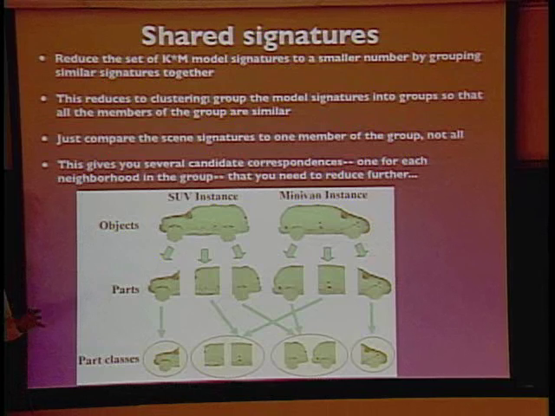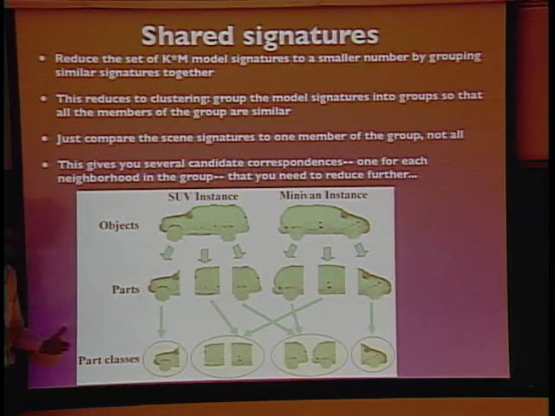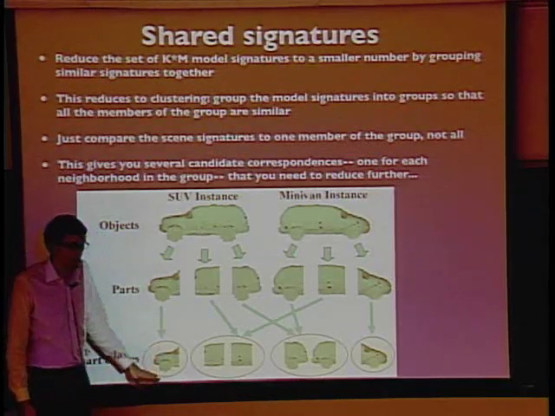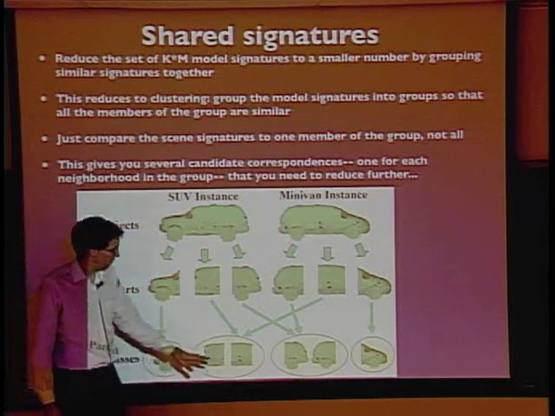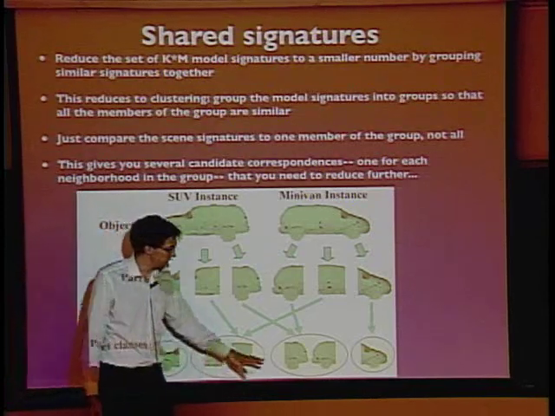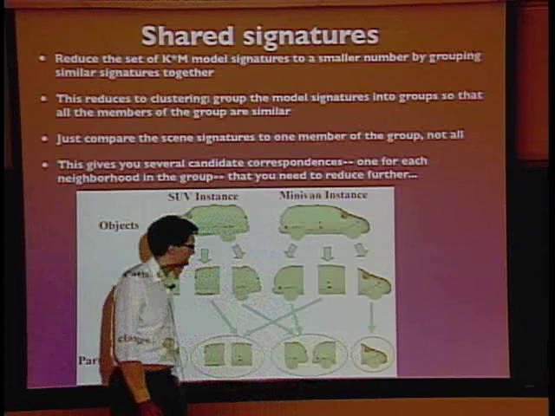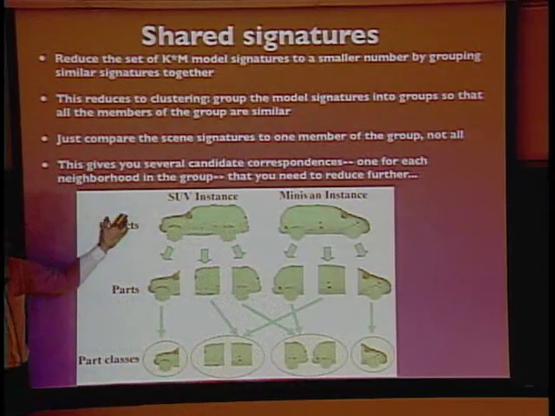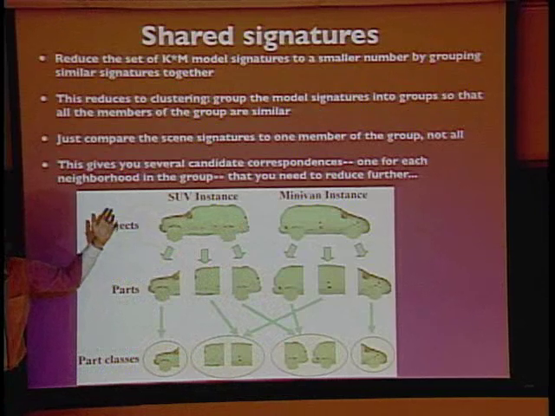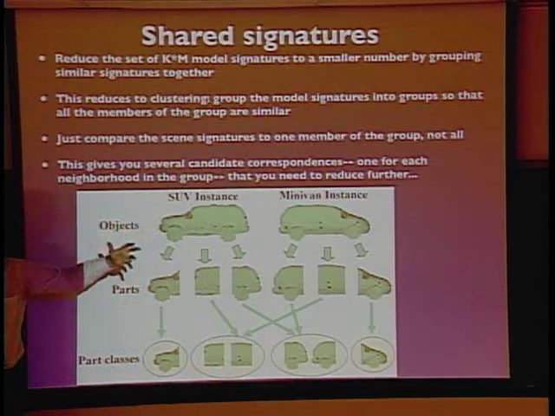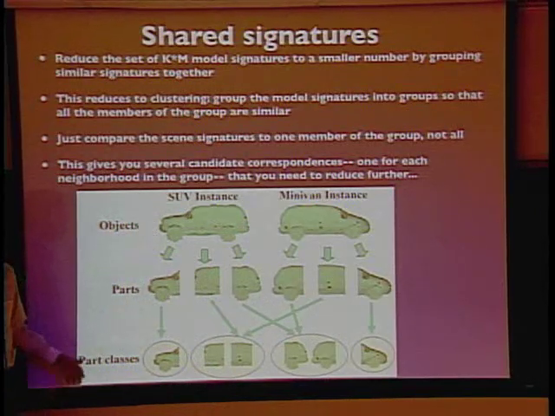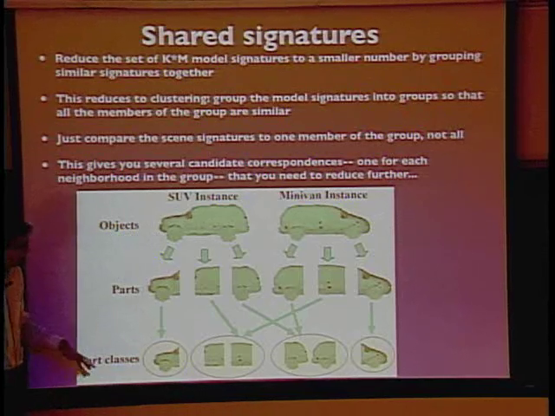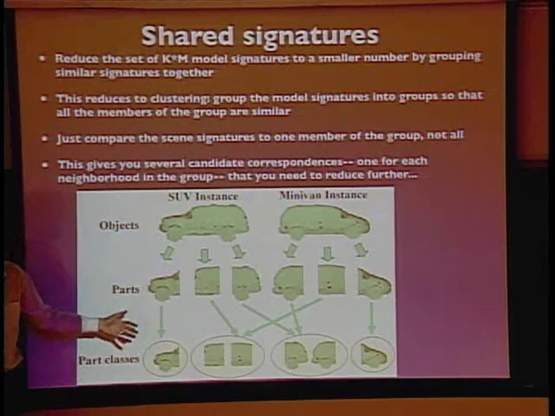Then you can break those up into two different categories. The notion, again, is that you're going to have one set of shape signatures for these, one set for these, one for these, and one for these. So if we have, I don't know, 40 different SUVs and 30 different minivans that are all slightly different from each other, we've reduced them or condensed them down into 4 sets of shape signatures.